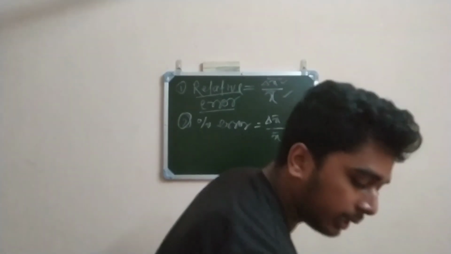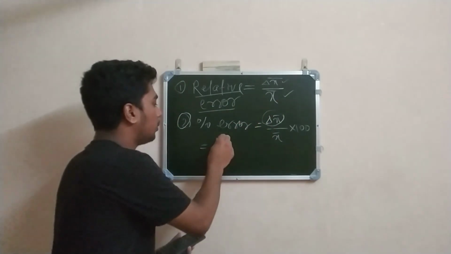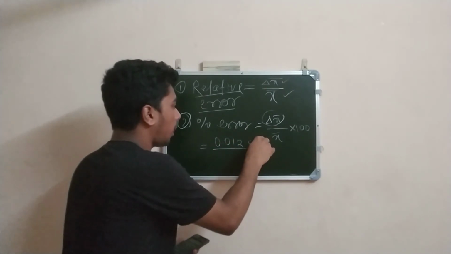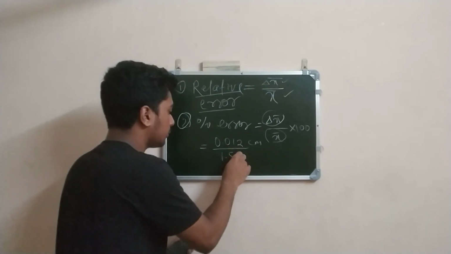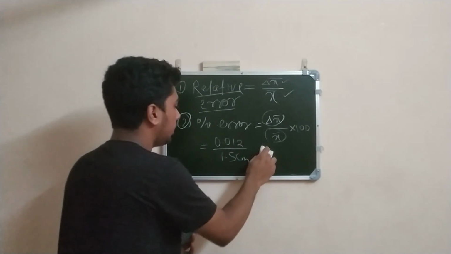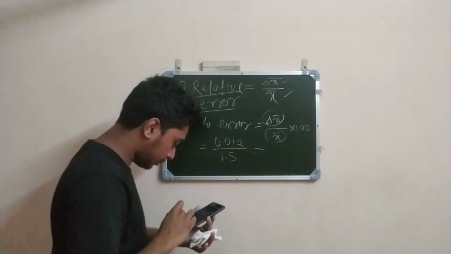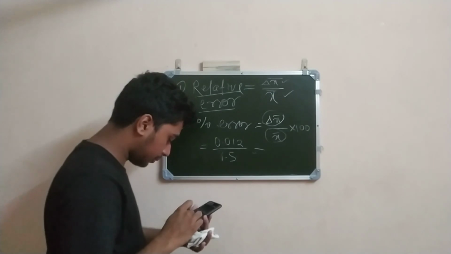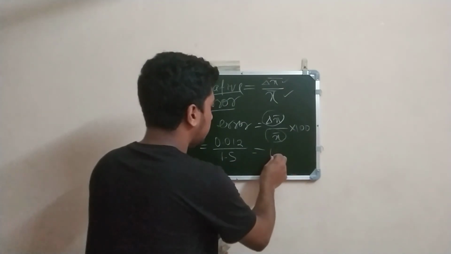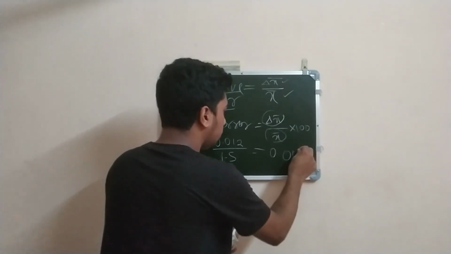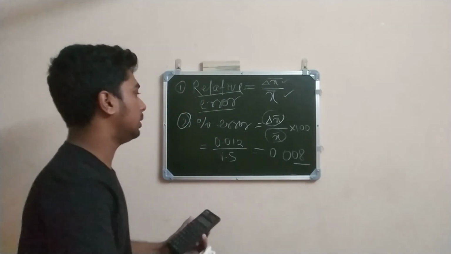In my example, the maximum deviation was 0.012 centimeter and my mean value was 1.5 centimeter. So the relative error will be 0.008.